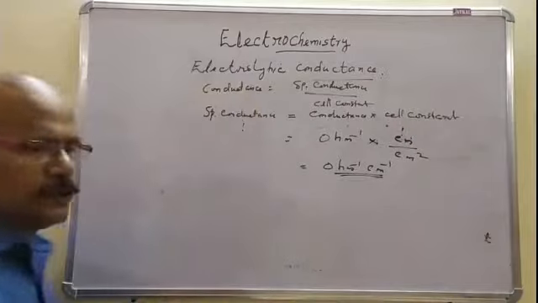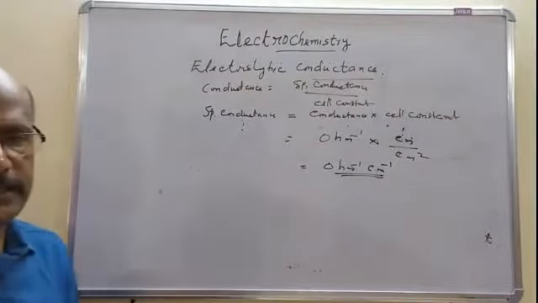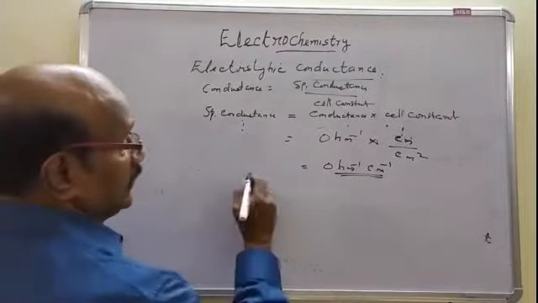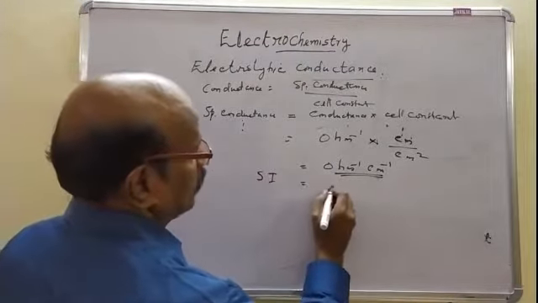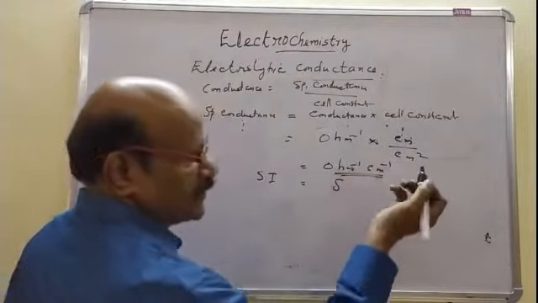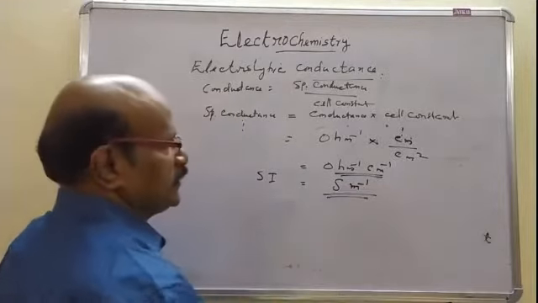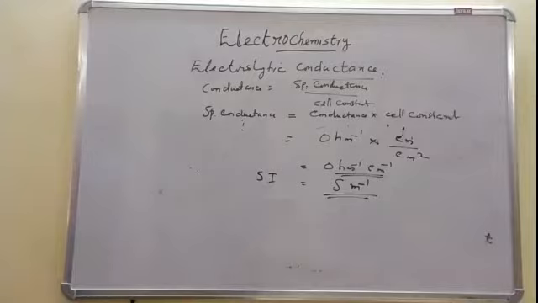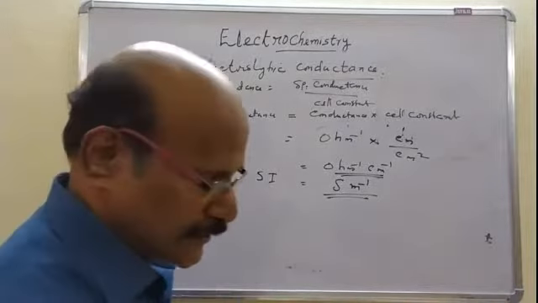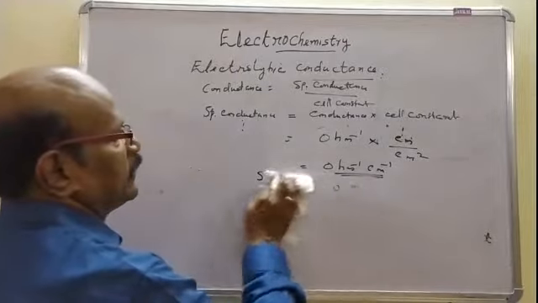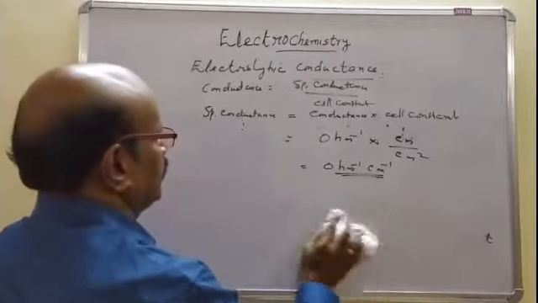So the CGS unit of specific conductance is ohm inverse centimeter inverse, and the corresponding SI unit: ohm inverse is Siemens, so Siemens meter raised to -1 is the unit of specific conductance in the SI system, and ohm inverse centimeter inverse in the CGS system.